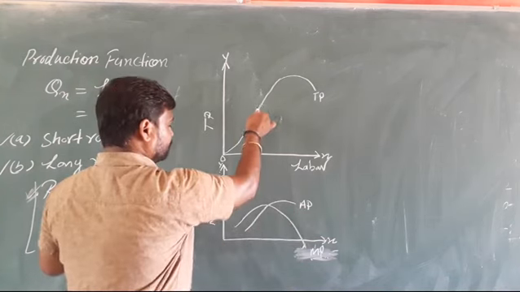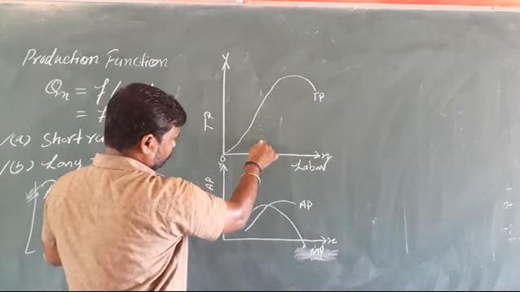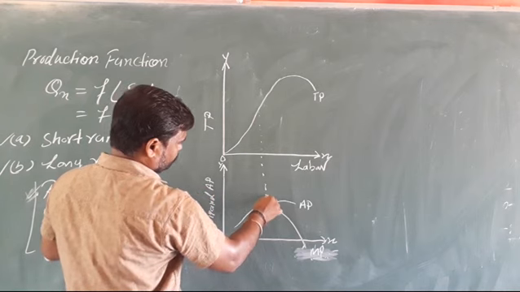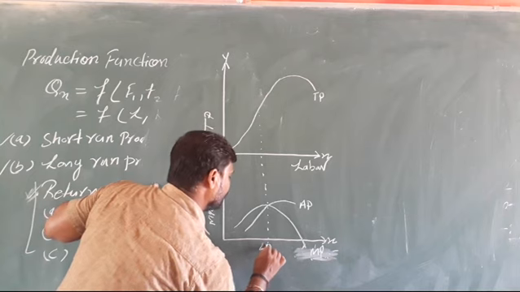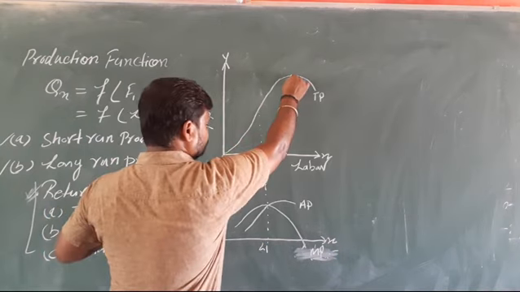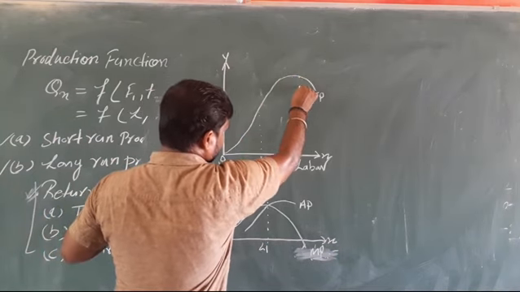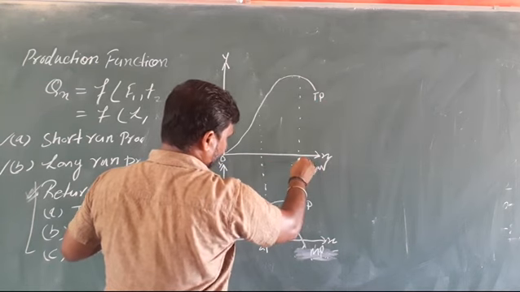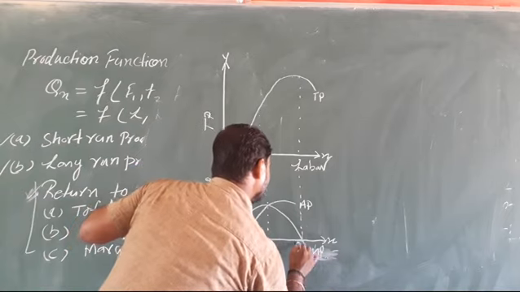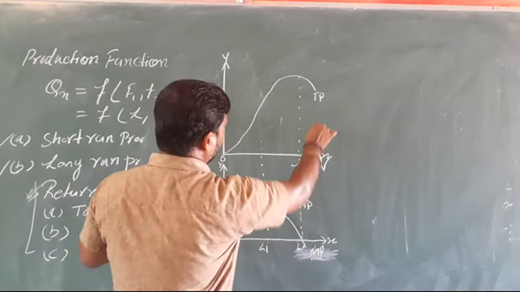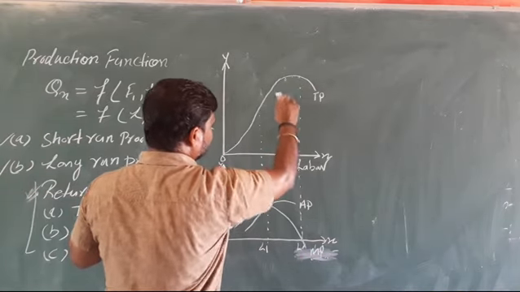You can see here when the first labor was introduced, L1. In the second stage, when total product is maximum, labor L2, and this is the third stage.